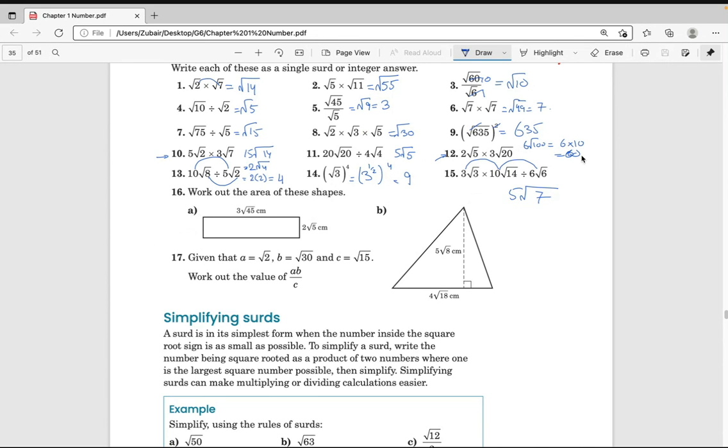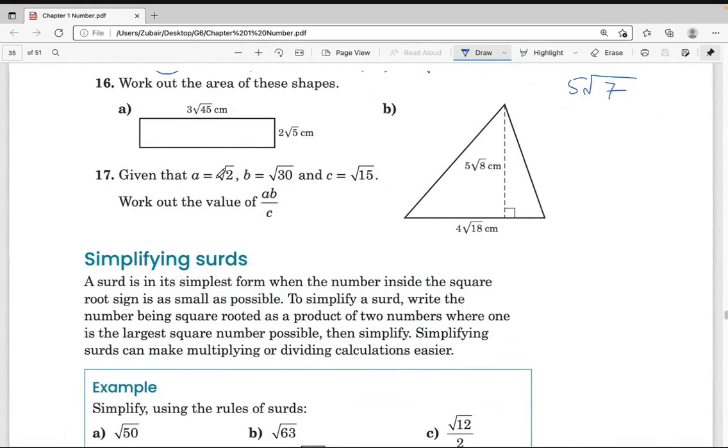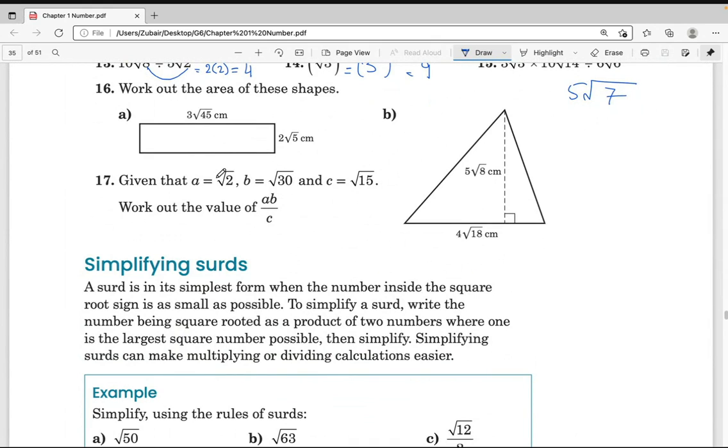Number 16. Work out the area of the shape. Area is equal to length into breadth, where length is 3 square root 45 and breadth is 2 square root 5.